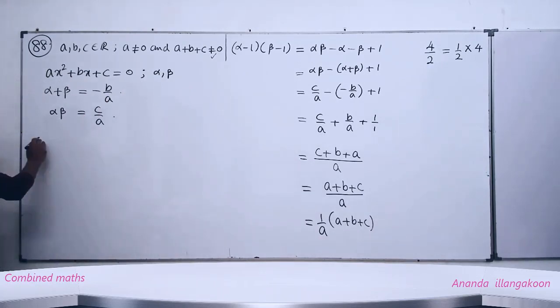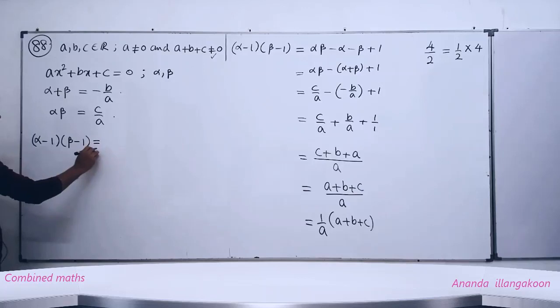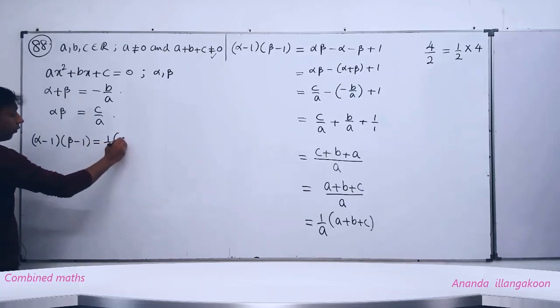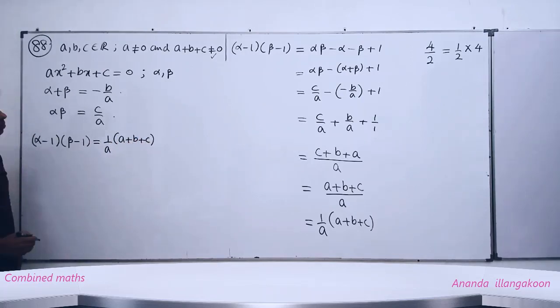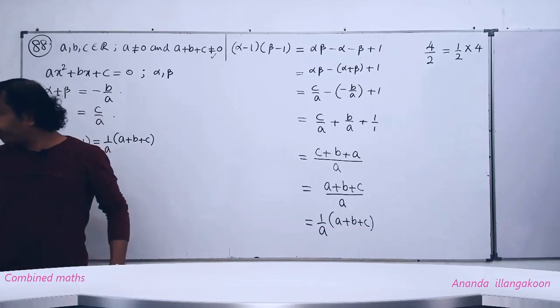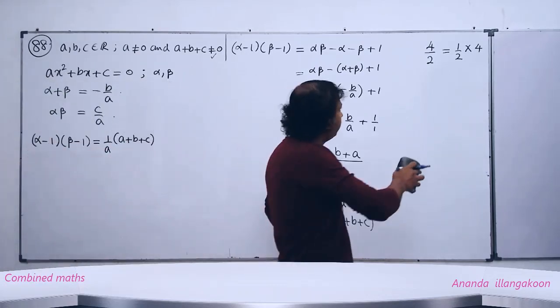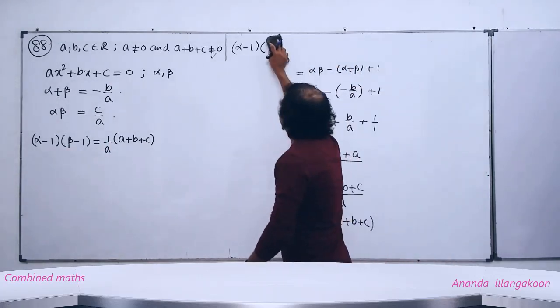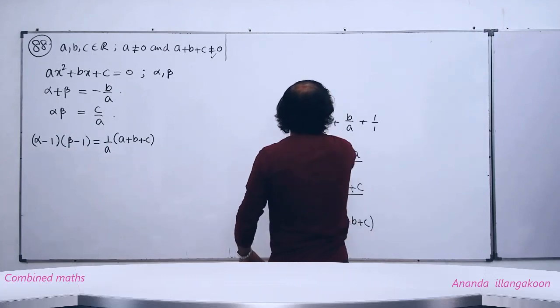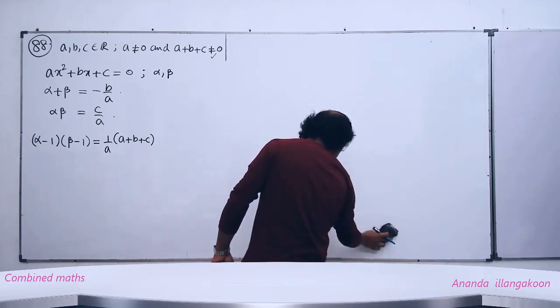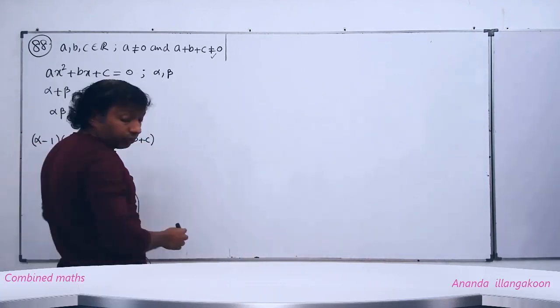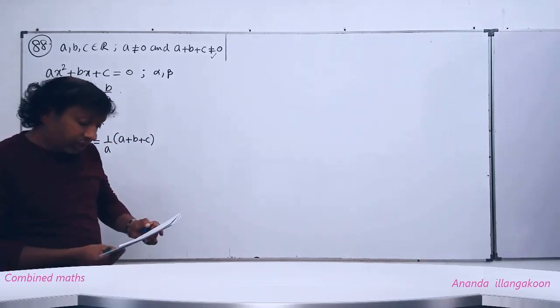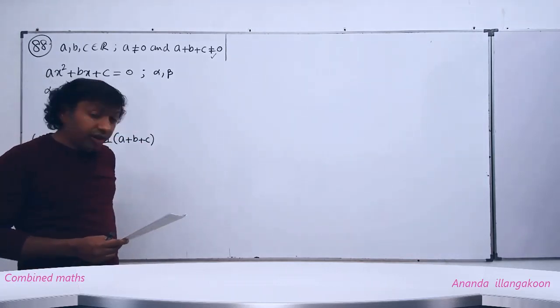Then I write here (alpha minus 1)(beta minus 1) is equal to 1 upon a times (a plus b plus c). We just proved this. Now, second part.